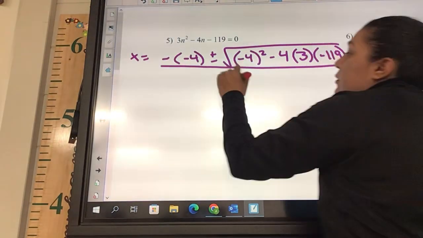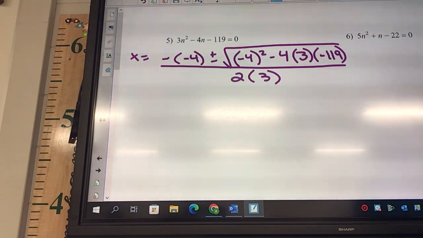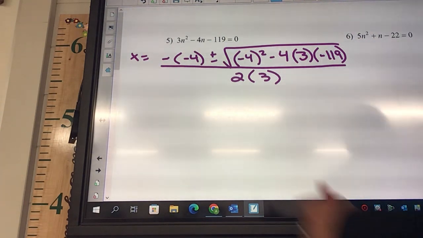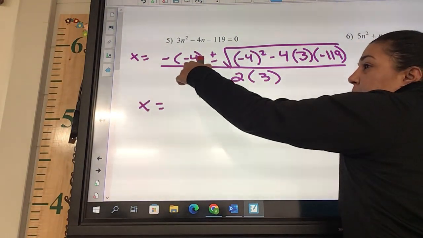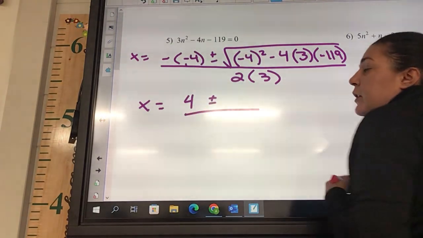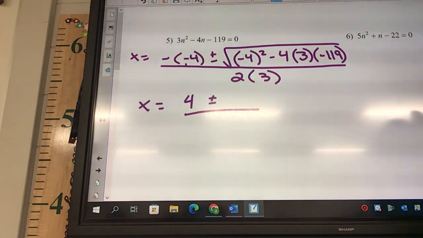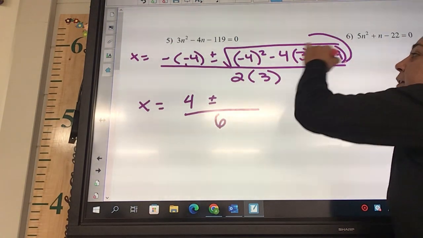All over 2 times my a, which is 3. What am I going to get for this first part? 4. Plus or minus, what's going to go on the bottom? 6. And then you guys need to type all this in.